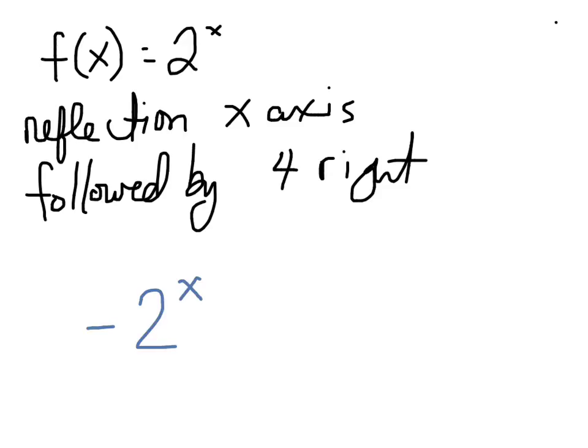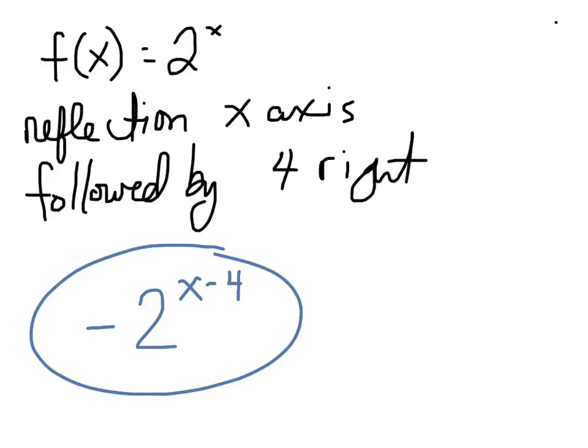And then as far as the right 4, where does right 4 go? Minus 4. Is it in the x or is it down with the x? So minus 4. And done. Do you remember doing those where you had to write the equation? Just put the information in and see what you get. Are you guys comfortable with those?